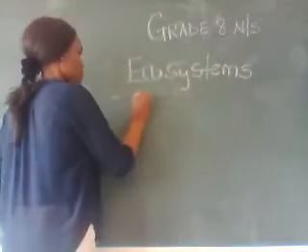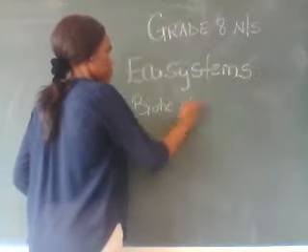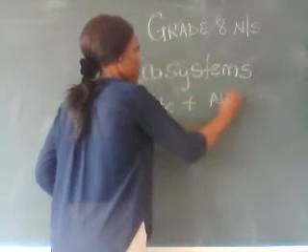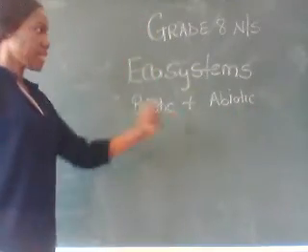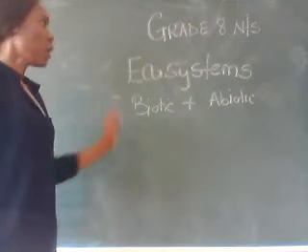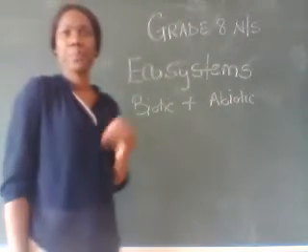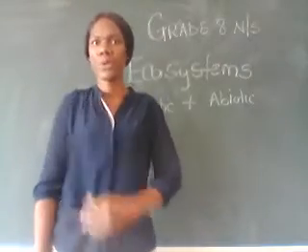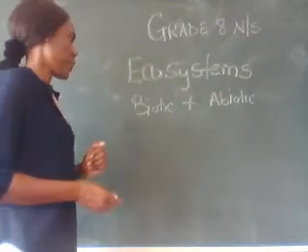And what are those two factors? Biotic plus abiotic factors. So this is our ecosystem. We did look at some of the biomes in term 1, so we'll not be repeating that. That makes up part of an ecosystem as well.